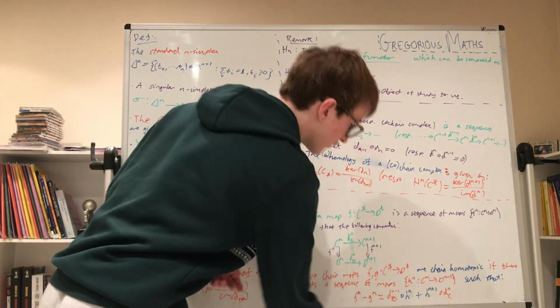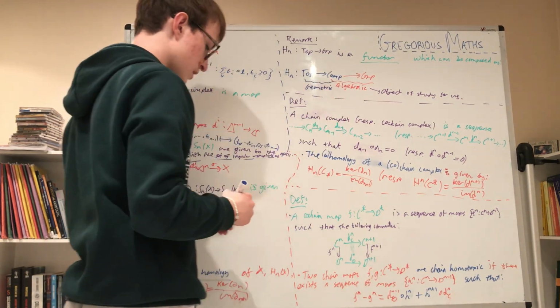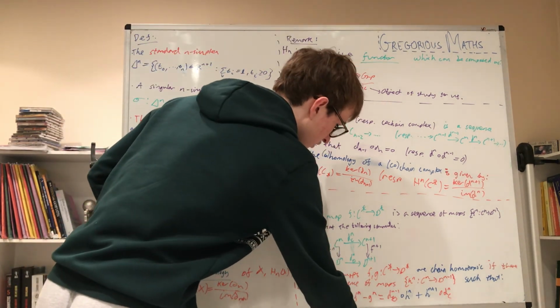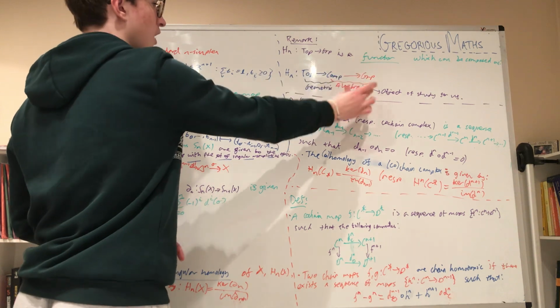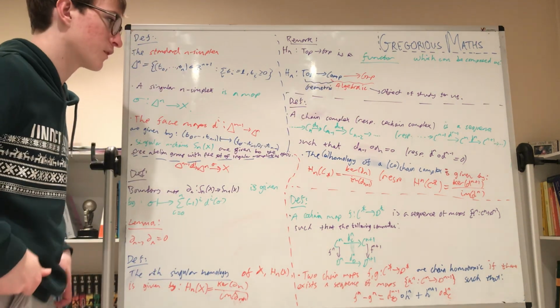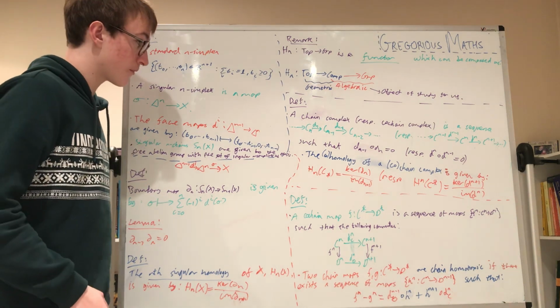And of course, by doing that, we get information about the original thing we were studying. So homological algebra consists of studying this half of the functor. So, why don't we begin our journey now?